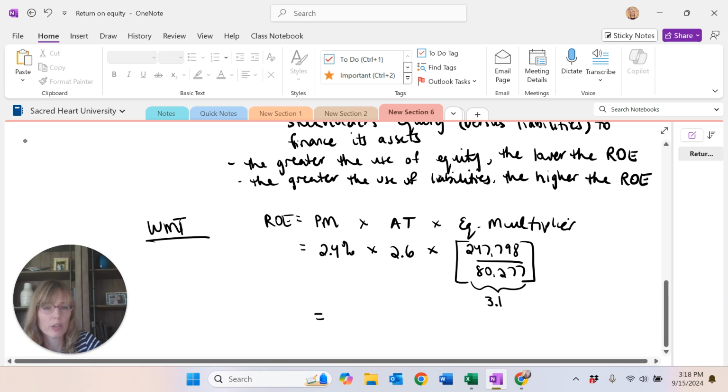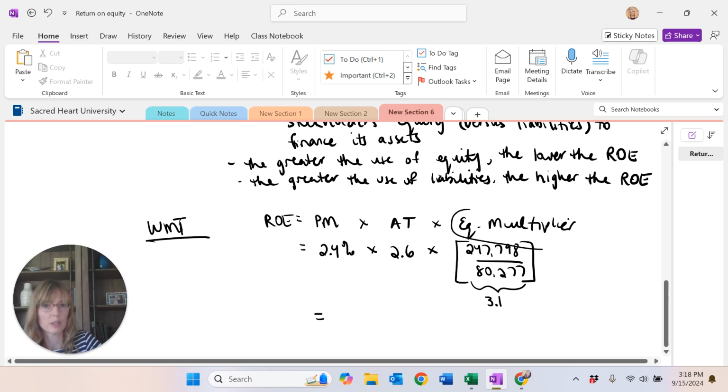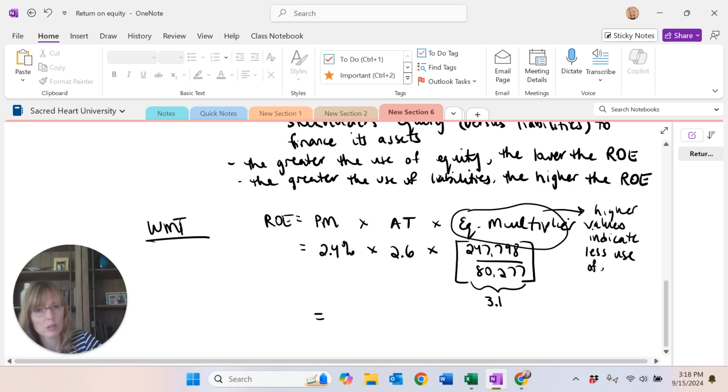I want to point out that the greater the use of equity, the lower the equity multiplier will be. So for an equity multiplier, higher values indicate less use of equity, because we're saying our assets are 3 times as great as our stockholders' equity.